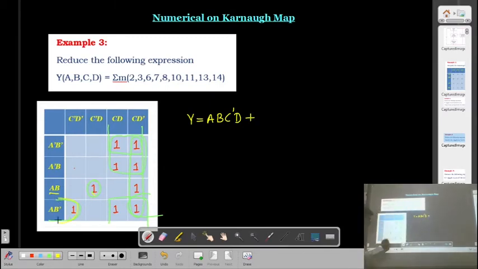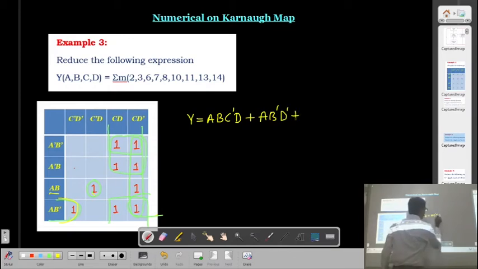So this is a pair, and the expression for this pair will be A B'. And as you are moving from here to here, the D' is not going to change. So it is A' plus D'.